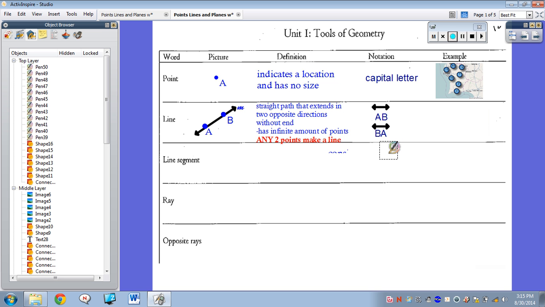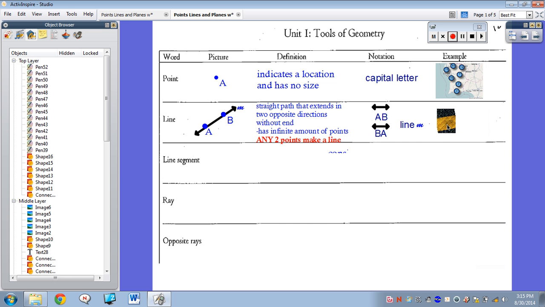So line AB and line BA are the same line. You could also call this line line M, using that little script lowercase m in that notation as well. Notice that you can't call this line A or line B separately because those are not script letters.